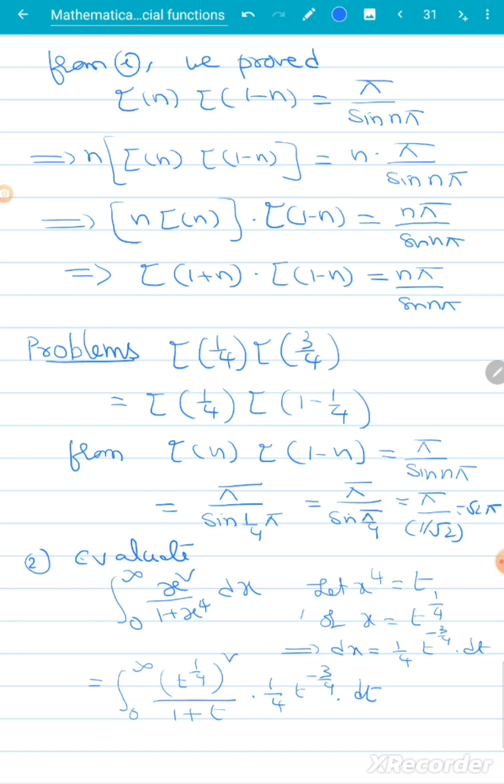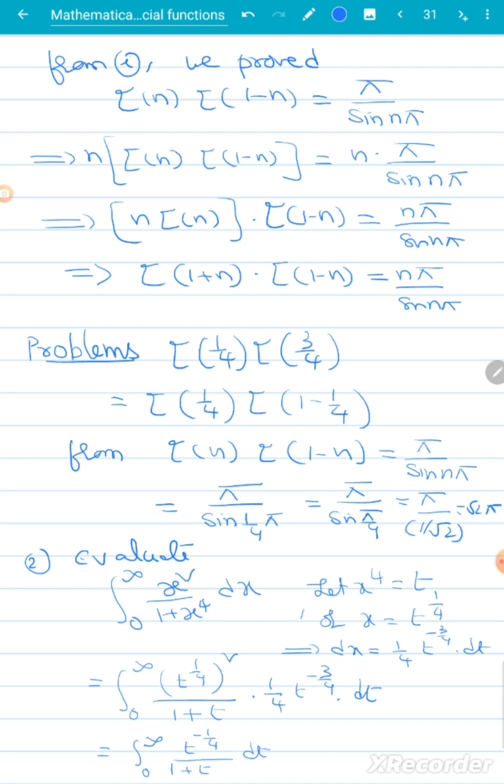This value is equal to the integral from 0 to infinity of t to the power of 2/4 minus 3/4 minus 1/4, that is t to the power of minus 1/4, by 1 plus t into dt.